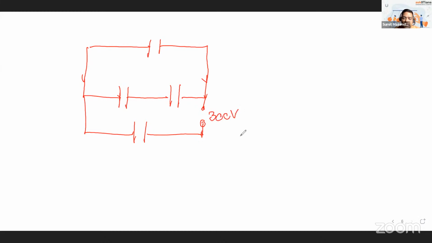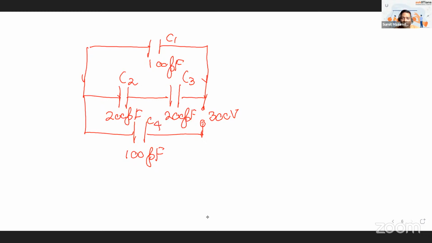Along with that, this is 100 picofarad, 200 picofarad, 200 picofarad, 100 picofarad: C1, C2, C3, and C4.